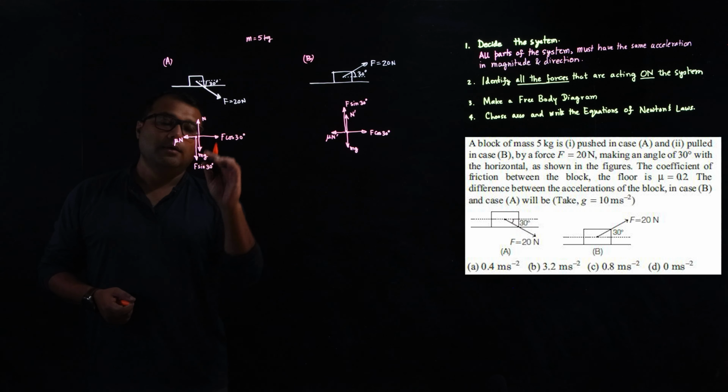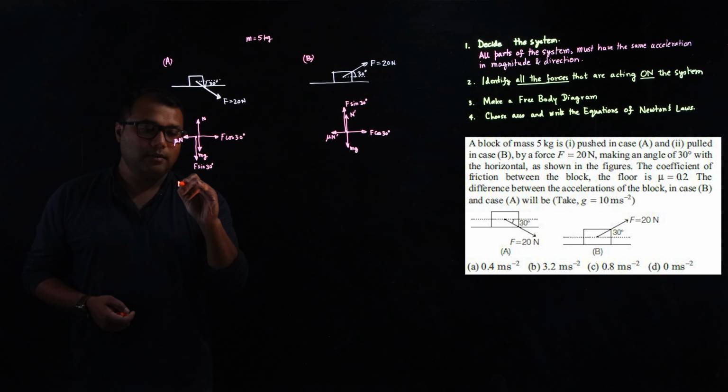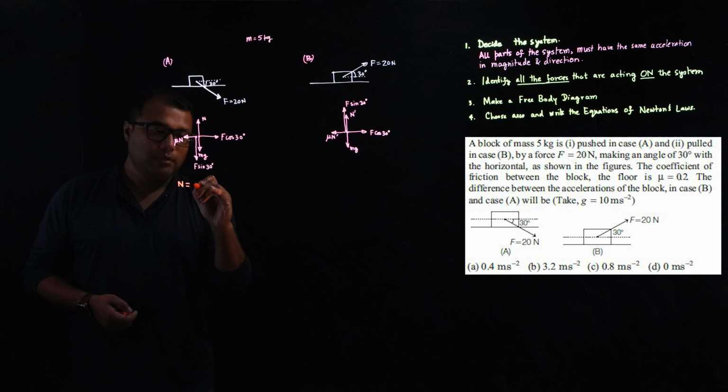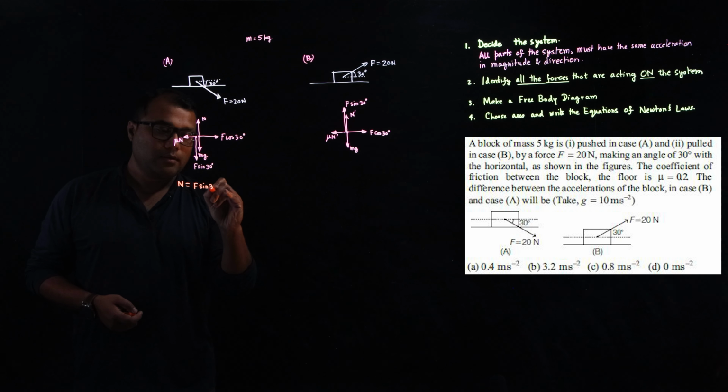Okay, so now let's write the equations of Newton's laws. Because there is no movement in the y direction, the perpendicular direction, N is equal to F sin 30 plus mg.